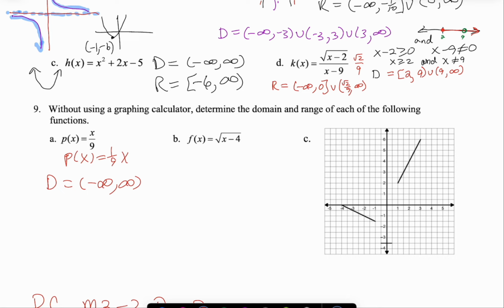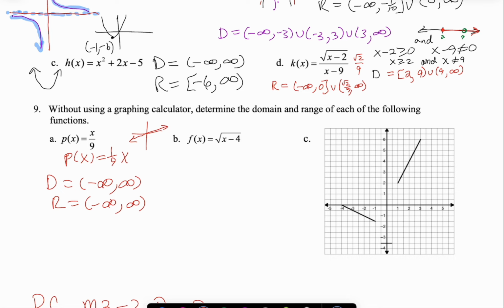Think about the fact it would go through (0, 0) and have a 1/9 slope. So we'd go up 1 over 9. So it'd be very kind of like that. But it would spread up and down forever and ever. That happens with linear equations as long as they're not vertical or horizontal. That kind of messes it up. But just a regular sloping line, positive slope, negative slope, that's always what that's going to be.